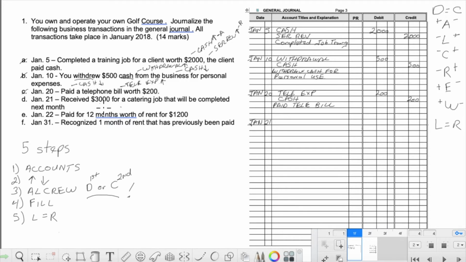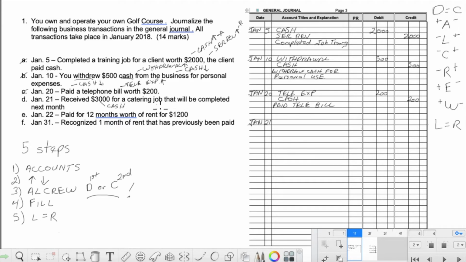So there's cash. So cash is one for sure. We're picking the account for a job that would be completed next month. Now, if it's for a catering job that we completed, if it stopped here, this would be revenue, but it's not, right? It's completed next month. So what does that fall under?